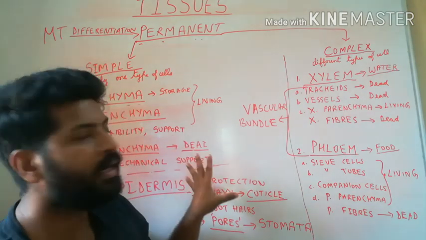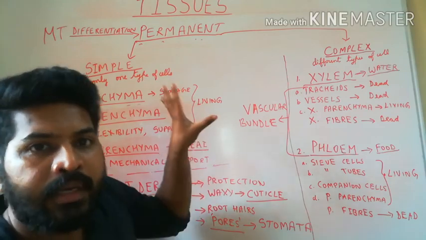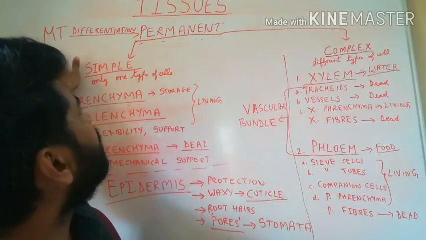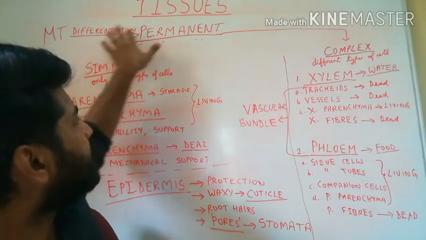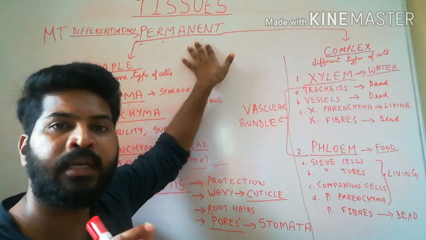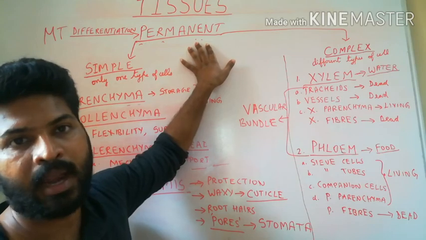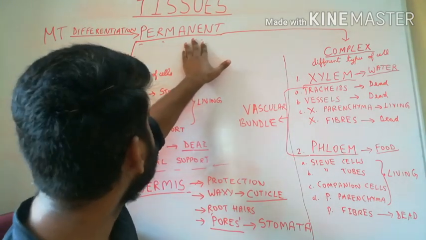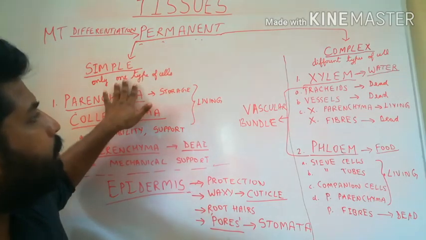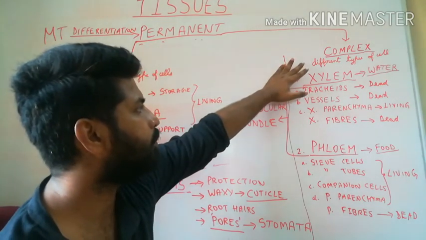The permanent tissues are derived from the meristematic tissues through a process called differentiation. They have permanent shape and permanent function, and they do not divide, very important. Permanent tissues are simple permanent and complex permanent.